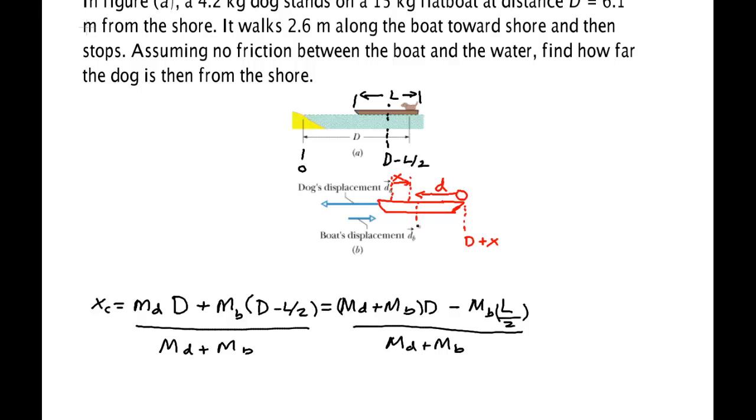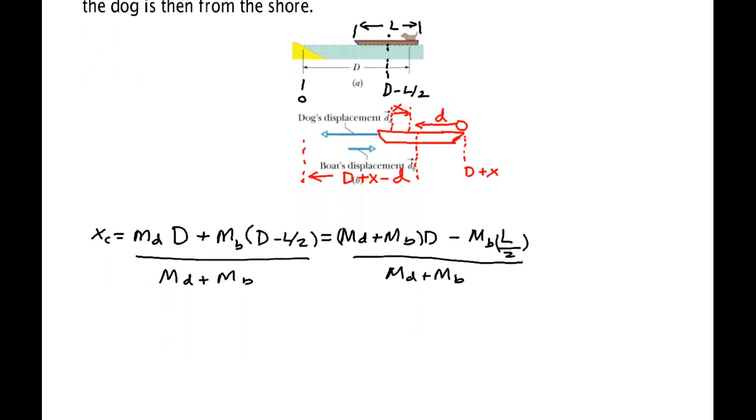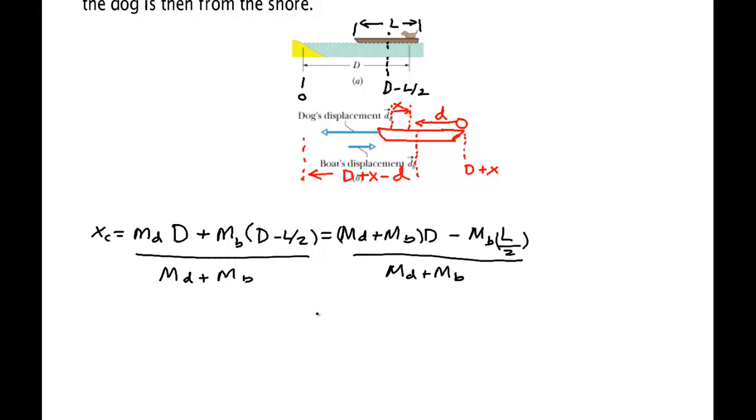So that means the distance of the dog is now d plus x minus little d. And I'm going to recompute the location and equate it to the initial location of the center of mass. Like I said, I don't really need to care about the denominators, they cancel out.